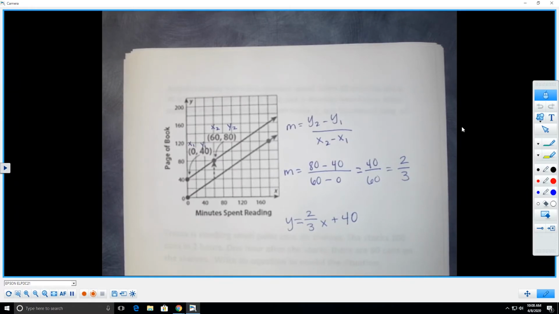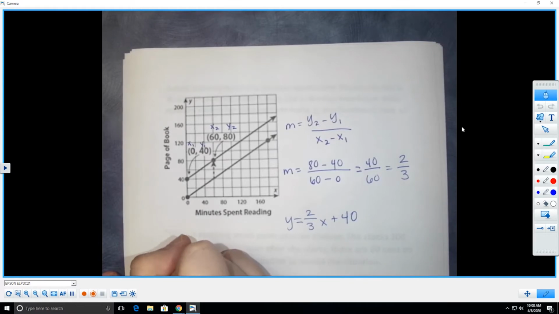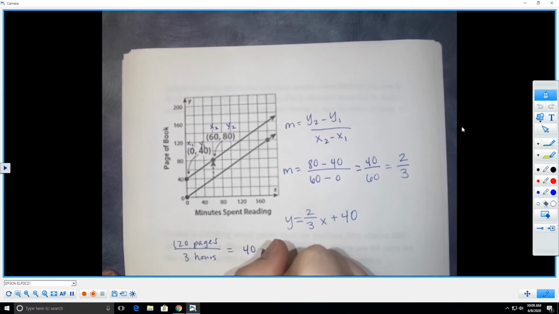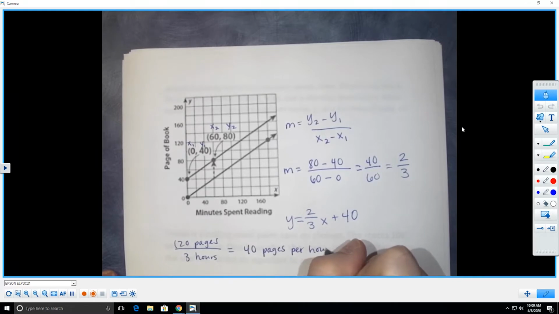120 pages in 3 hours is equal to 40 pages per hour. If he was on page 80 after 1 hour, then he must have started on page 40.